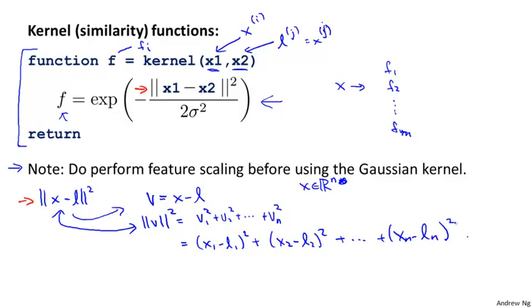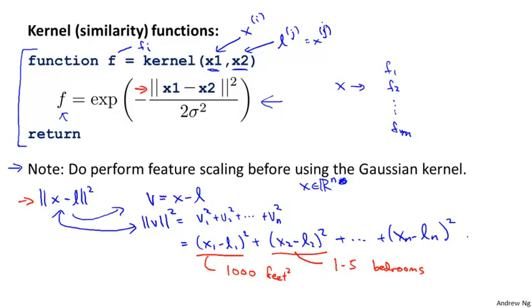And now if your features take on very different ranges of values, take our housing prediction example, if your data is some data about houses, and if x1 is in the range of thousands of square feet, but if your second feature x2 is the number of bedrooms, in the range of 1 to 5 bedrooms, then x1 minus L1 is going to be huge. This could be like 1,000 squared, whereas x2 minus L2 is going to be much smaller.